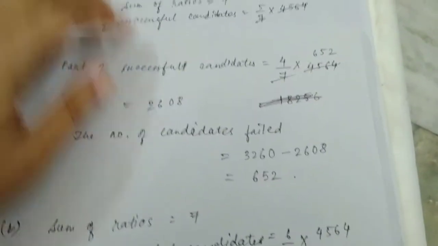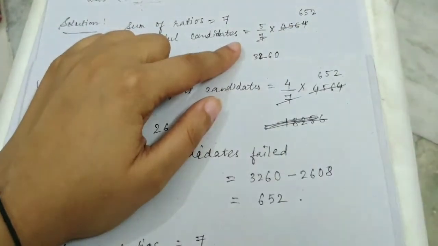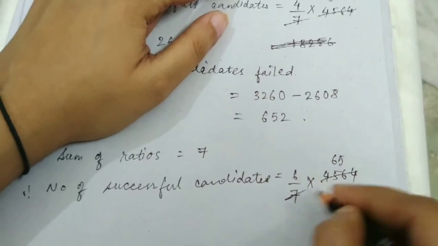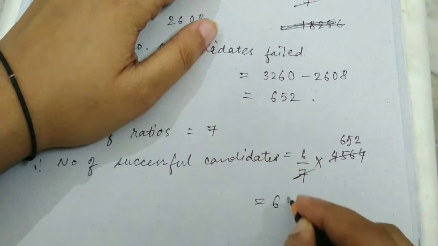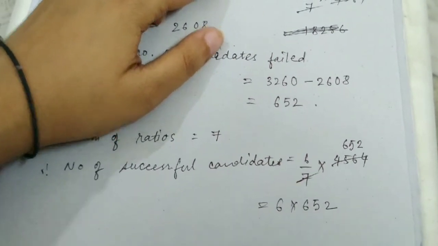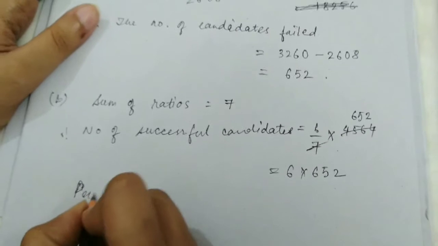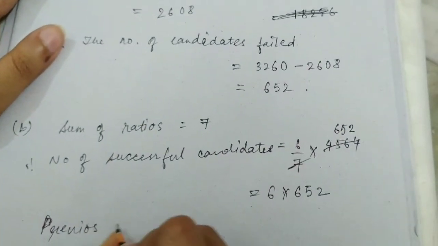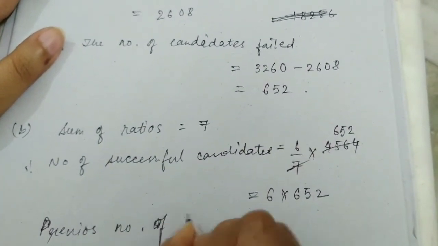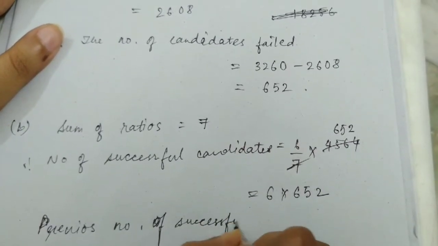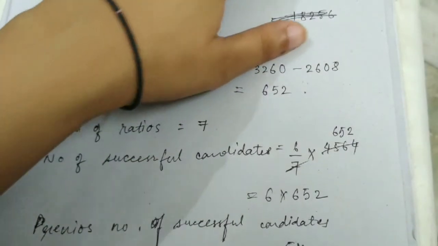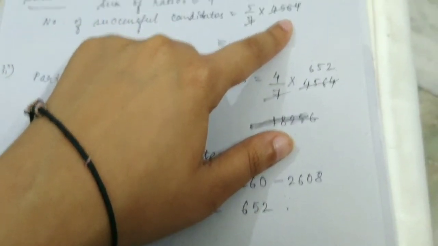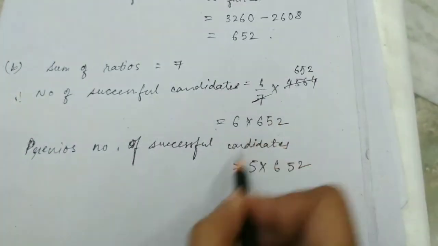So you know the difference of these two will be, see, if I again cut by 7, this goes and it gives 6 into 652. And the previous number of successful candidates, we can write it as 5 into 652, right?